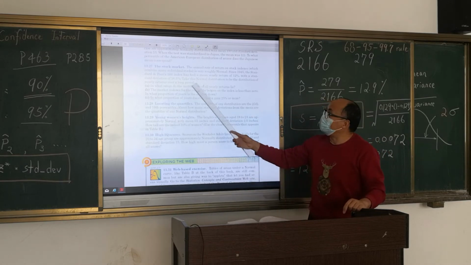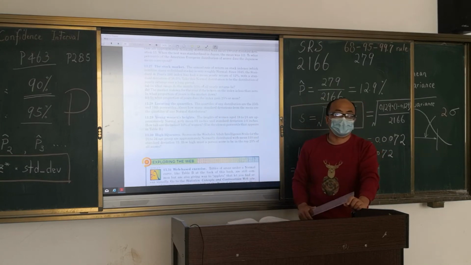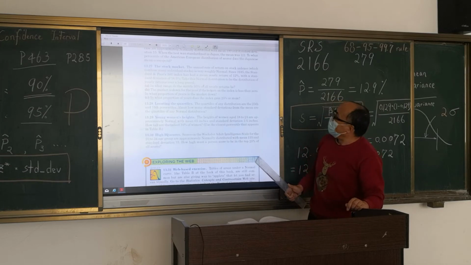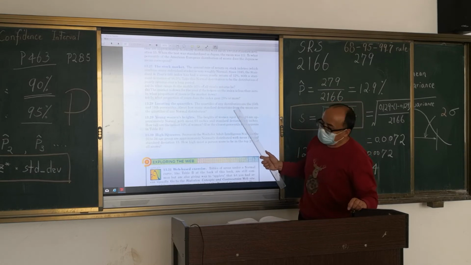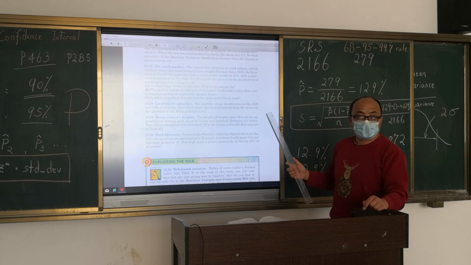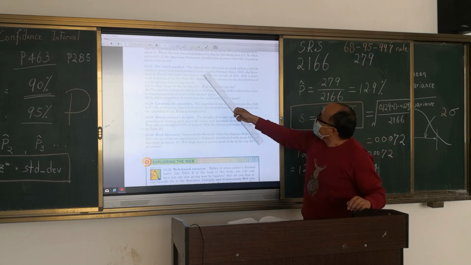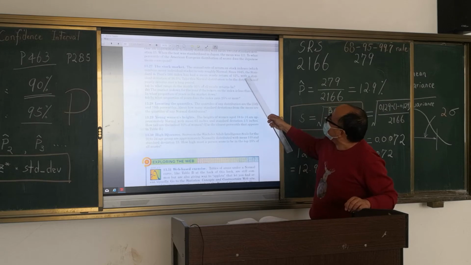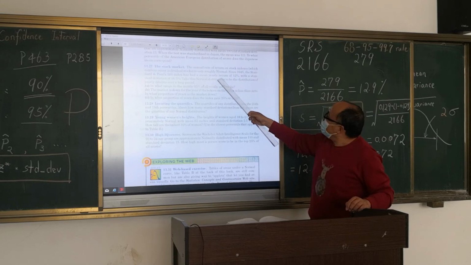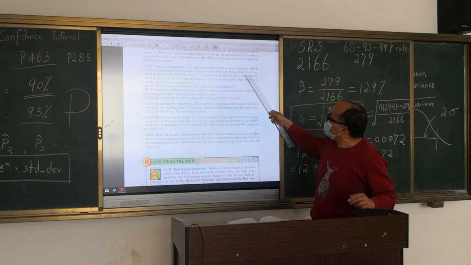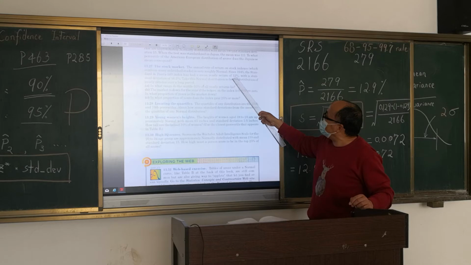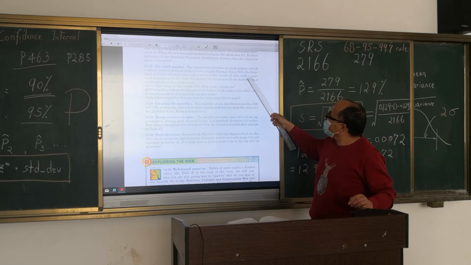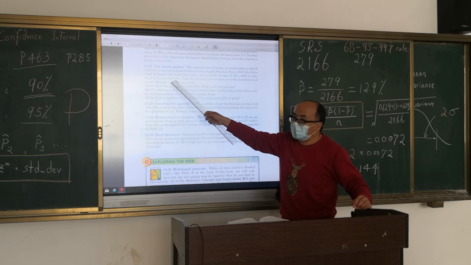So 13.27 is the last question, right? Looking at the stocks, I'm not very good, I don't know much about stocks, but there was a finding from history, from 1945, those stocks have a return of 12% with a standard deviation of 16.5%.